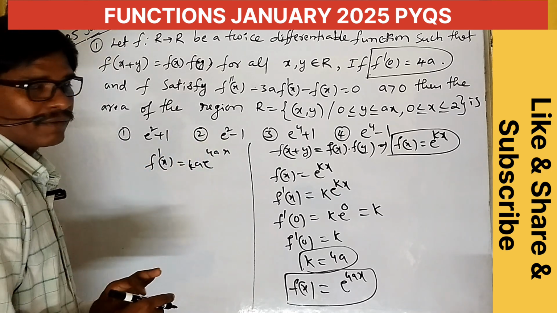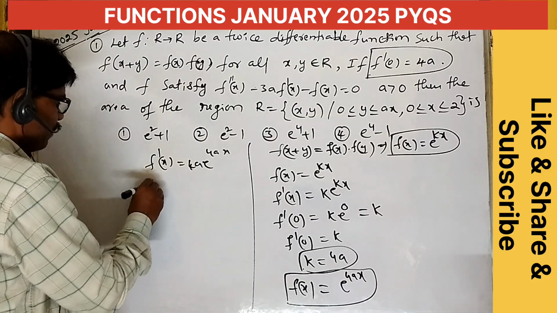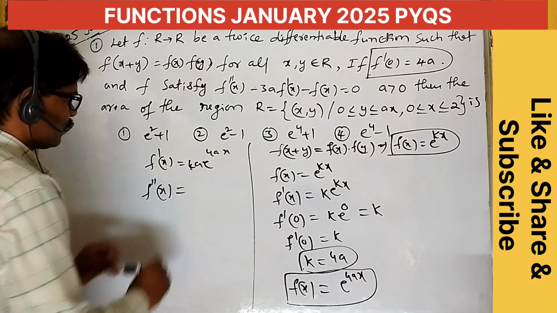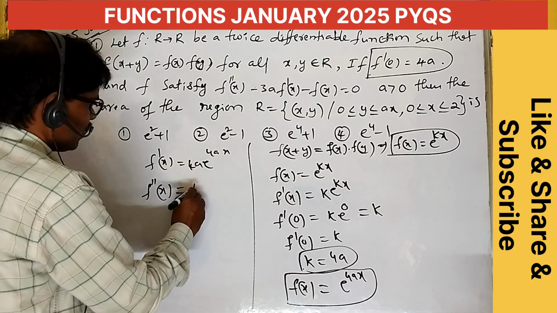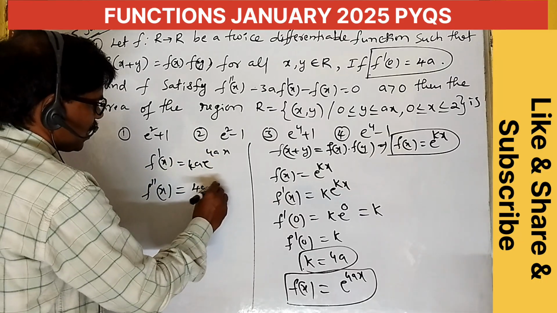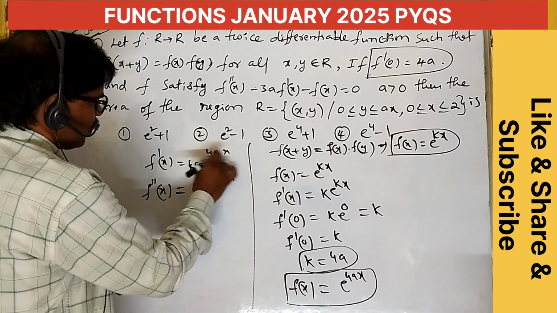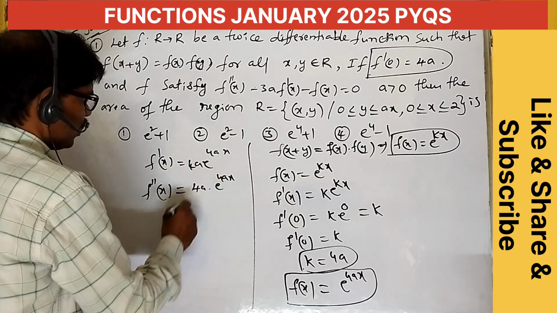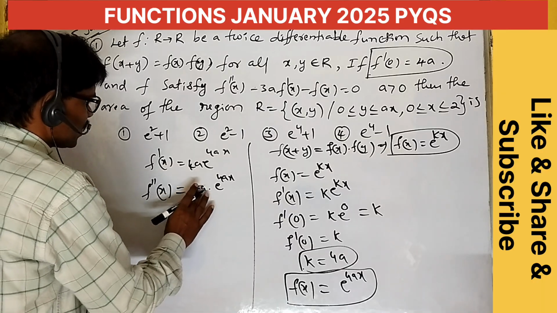Next f double dash of x, double derivative equal to 4a into 4a e power 4ax, that is 16a square e power 4ax.